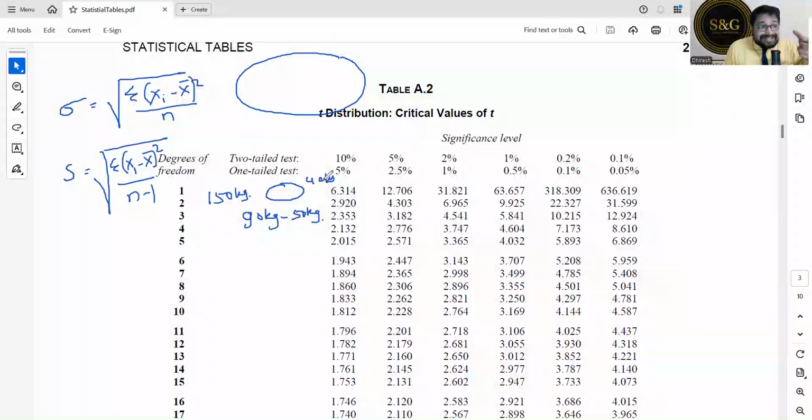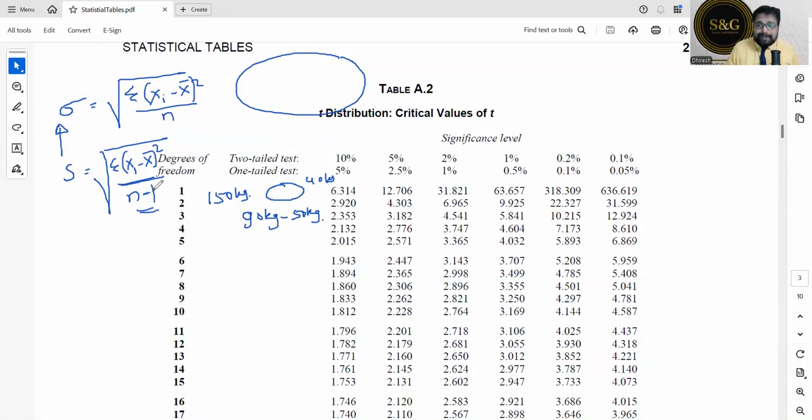Correct? So if you remember the sample and population, we predict the population standard deviation with the help of the sample standard deviation. Try to understand this. What Frederick Bessel says, this is called Bessel's correction or degree of freedom. While calculating standard deviation, he reduced one data point.